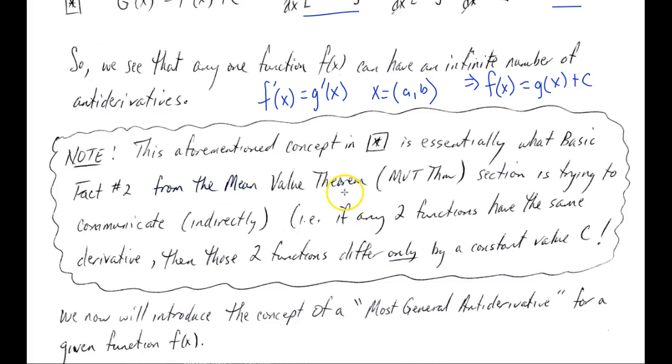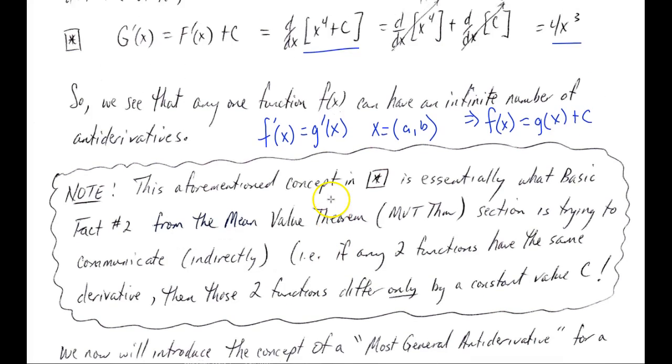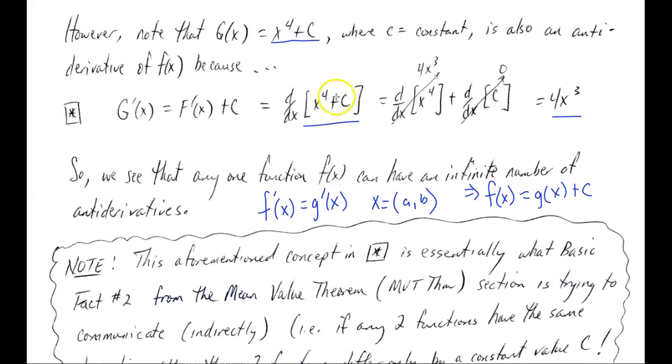And so what we are referring to back here with saying that x to the 4th plus c is the most general antiderivative of 4x cubed is that if we had two functions that had the same derivative, then their antiderivatives only differ by a constant.